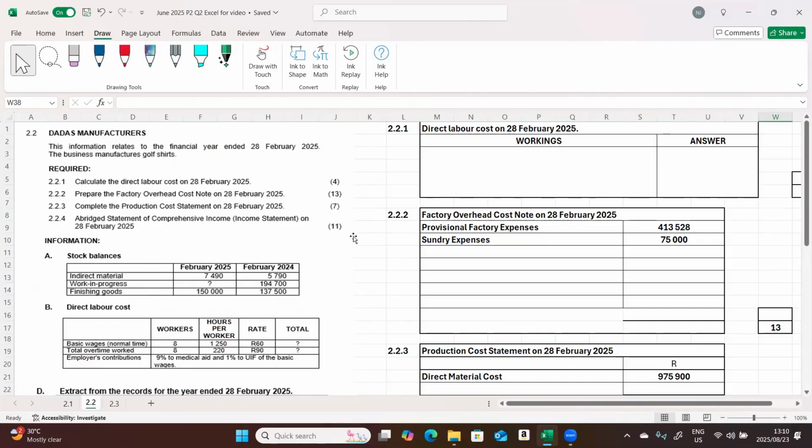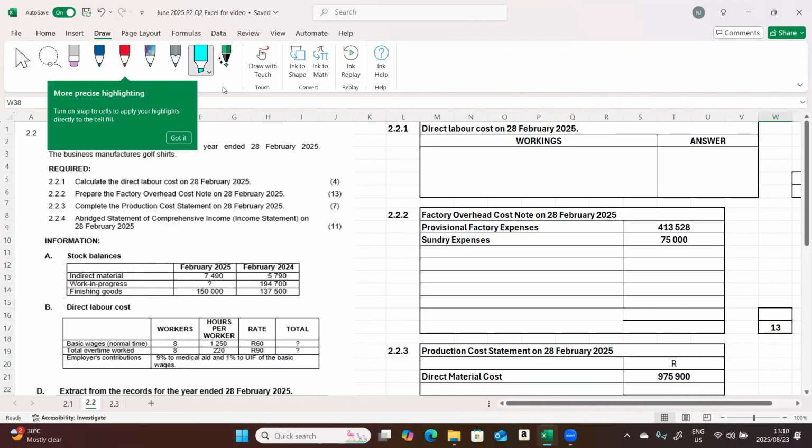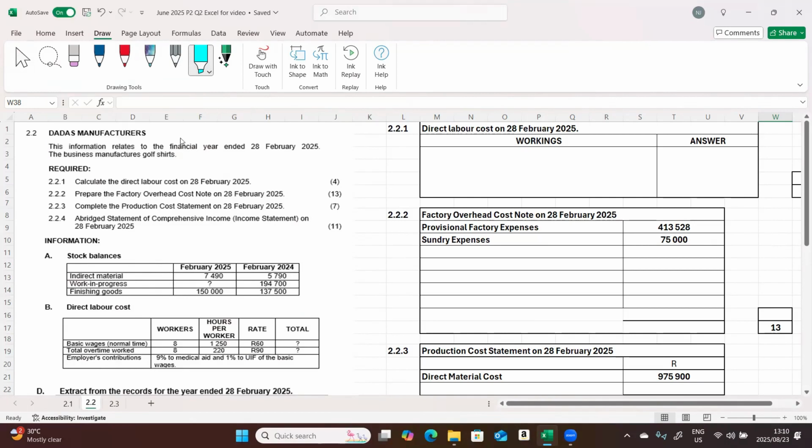Now, let's just read the information together. They say Dada's Manufacturers is the name of the manufacturing company. This information relates to the financial year ended 28 February 2025. So that is our financial year.